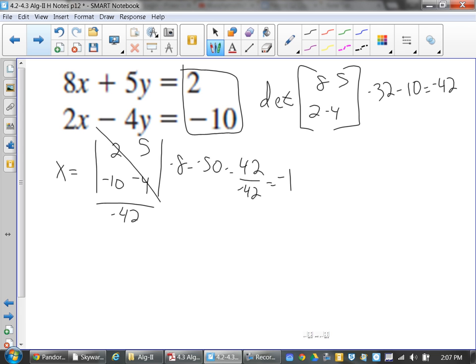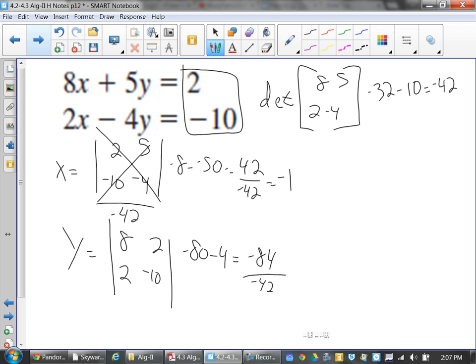Shoots, negative 8 minus negative 50. When I do the y, I have the 8 and 2, negative 10. Shoots, ladders, negative 80 minus 4, negative 84 over negative 42 is?